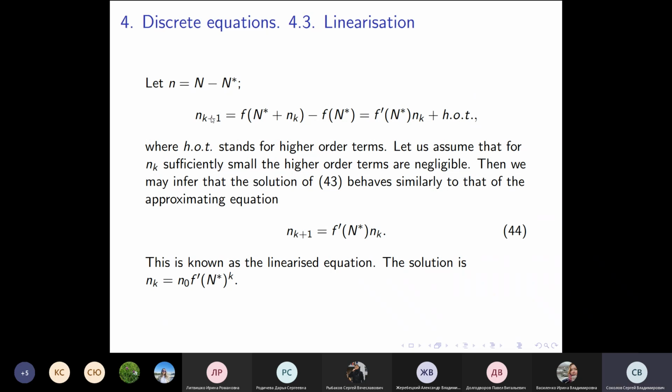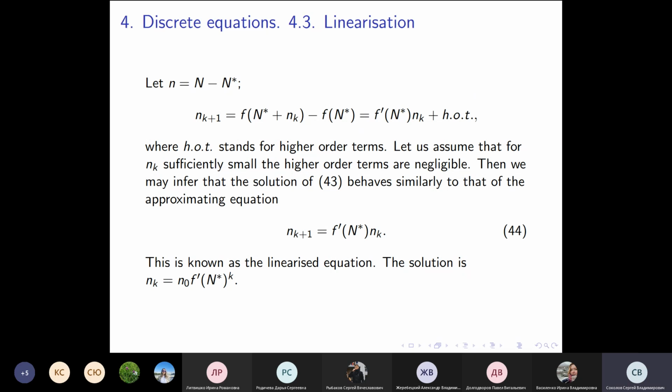So far, the linear approximation for our difference equation is the same. We get the linear part and the high order terms. Let us assume that n small_k is small and we can neglect high order terms. So we just consider only the linear approximation equation. Let us see what we can do with it.